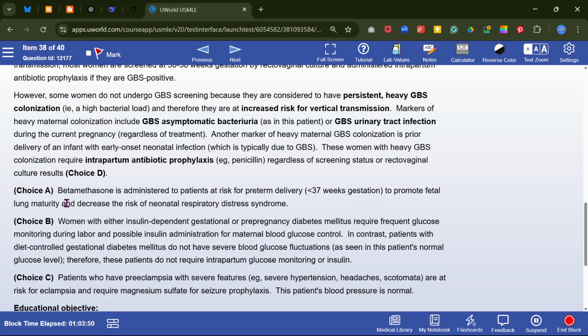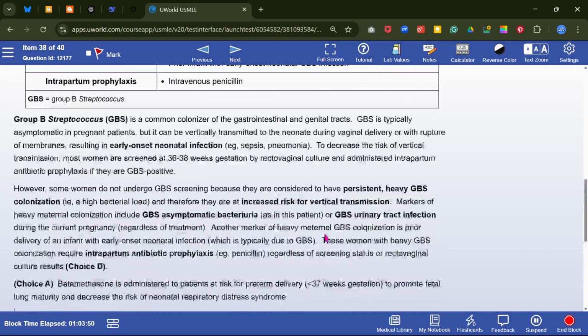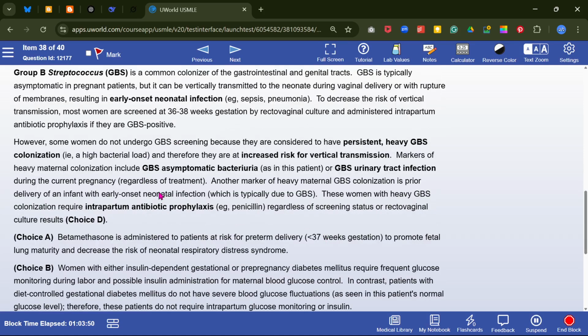Okay, look at option A. Betamethasone is administered to patients at risk of preterm delivery less than 37 weeks of gestation to promote lung maturity and decrease the risk of neonatal respiratory distress syndrome. No, it's not, because she has group B streptococcus, asymptomatic bacteriuria.